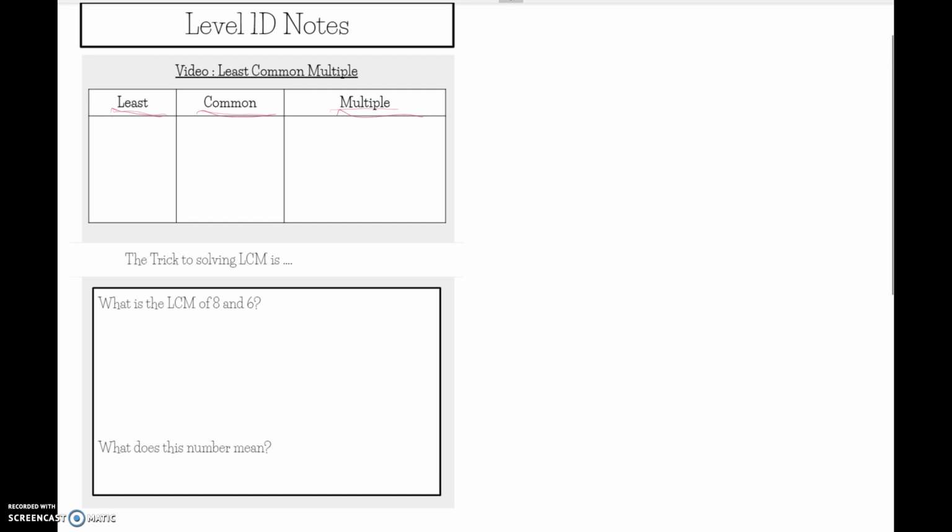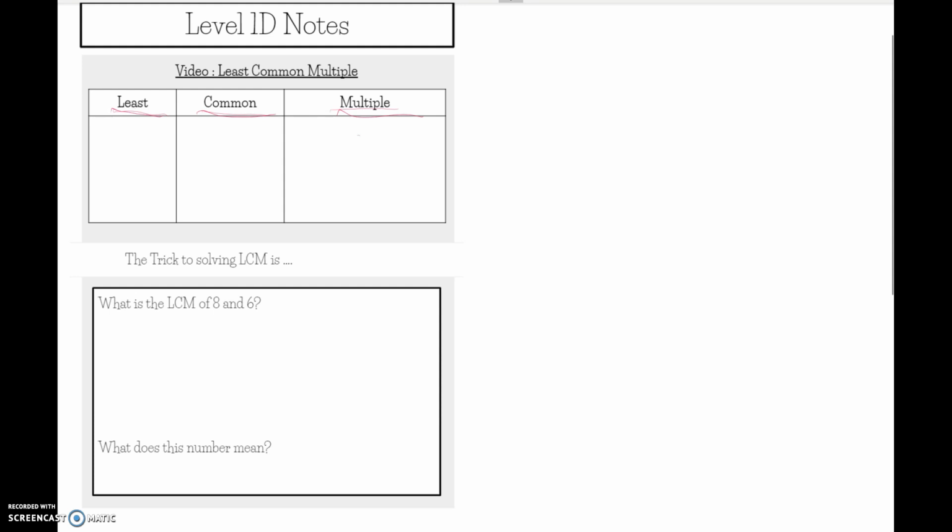Last time when I said 2 times 3, those were the factors of 6. Now you could say 6 is a multiple of 2 and 3, because 2 times 3 is 6, so 6 is a multiple of 2. Or 3 times 2 is 6, so 6 is a multiple of 3.